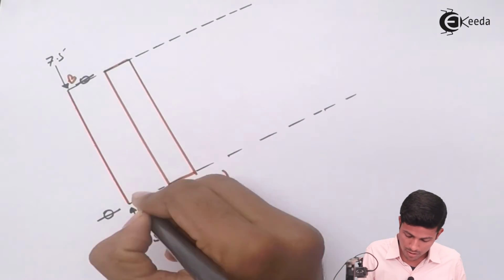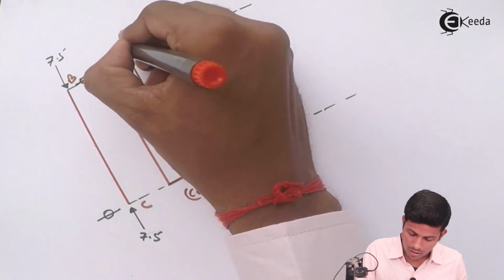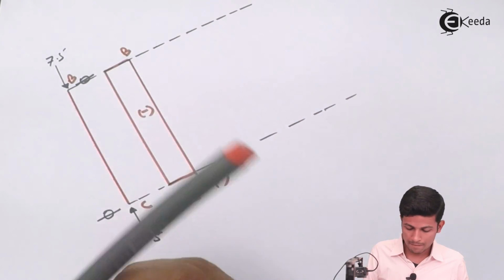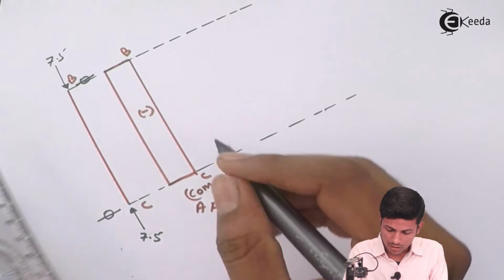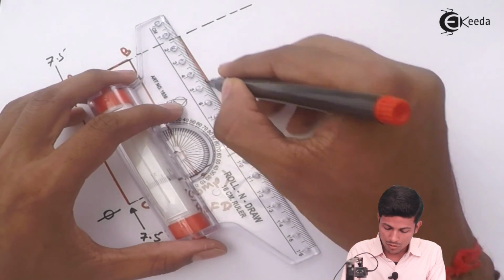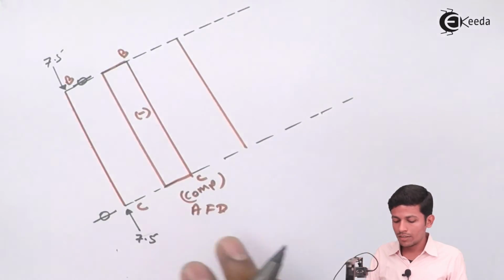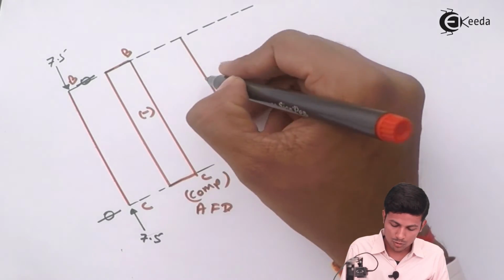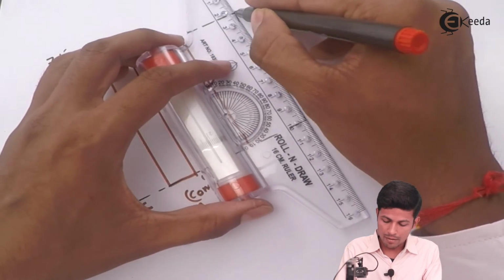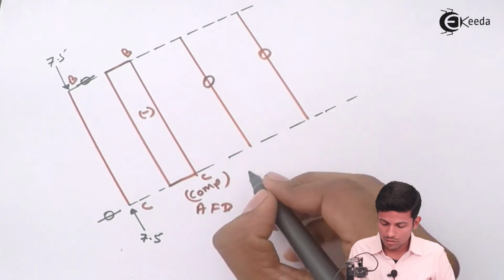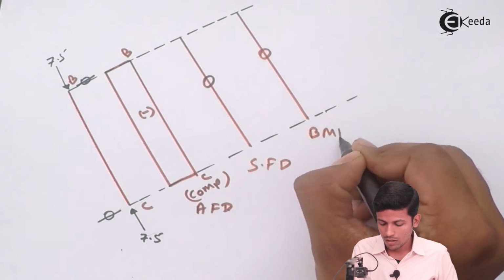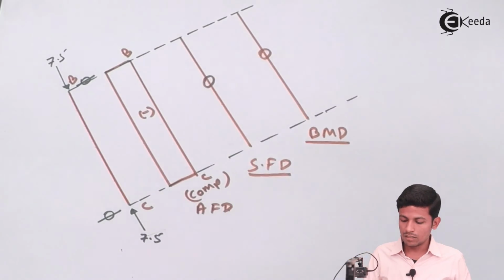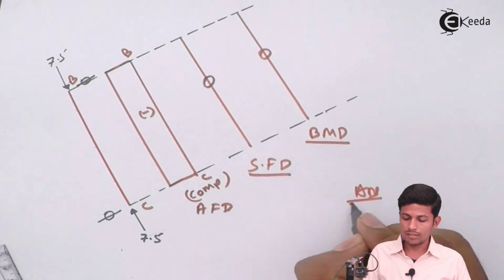This is your B, this is C. Inside the frame, minus sign. This is your AFD. Since there is no vertical load in the x direction, the shear force will be 0 and the bending moment is also 0. And this is your final answer.